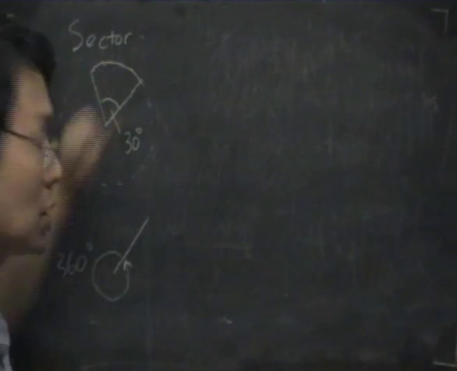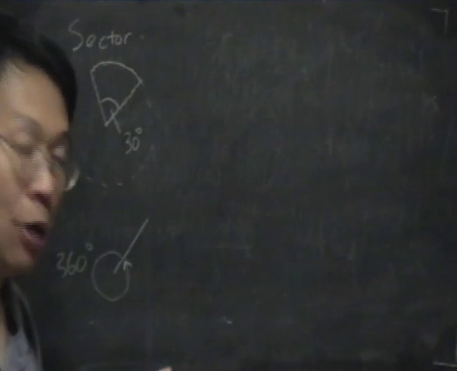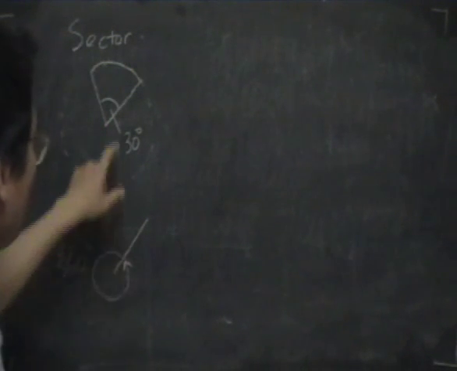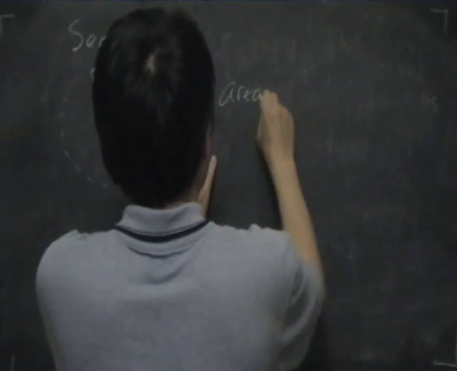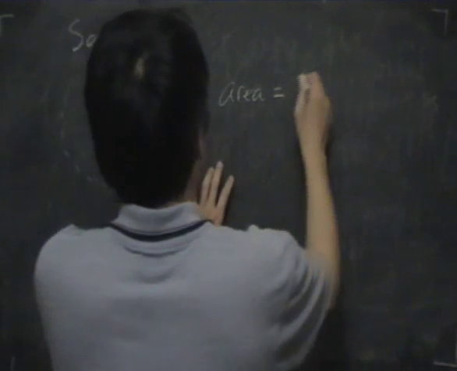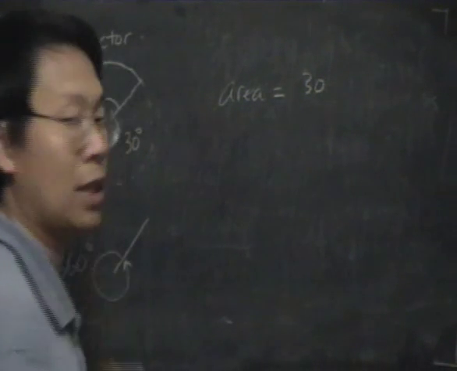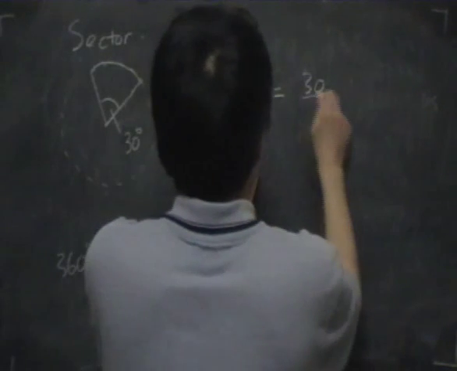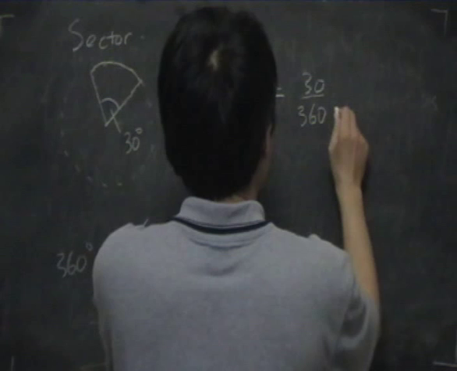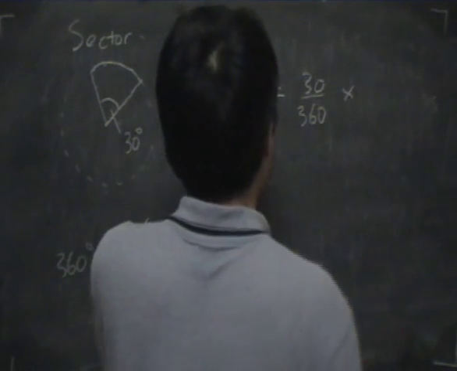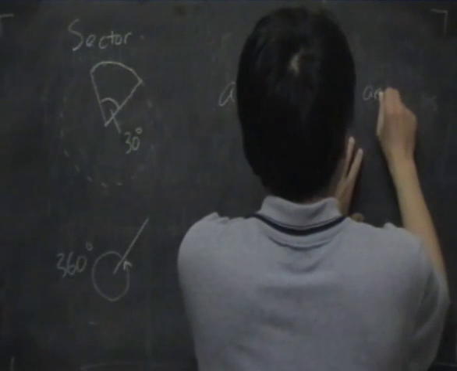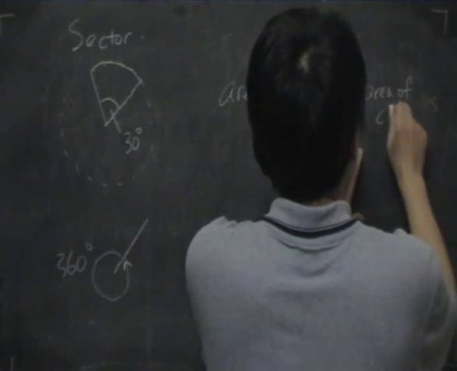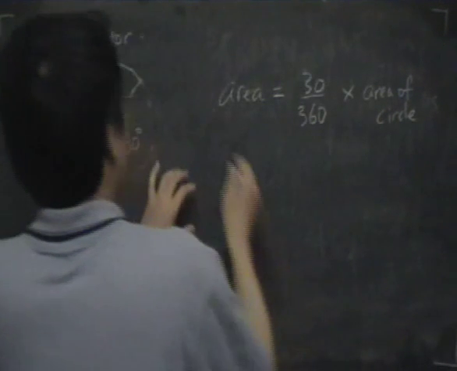But if we have only 30 degrees here, we have a fraction of that. 30 is a fraction of the 360 degrees. So the area of the sector we can find by taking the angle of the sector divided by 360 degrees and then multiplying by the area of the circle. Alright, that's the sector area.